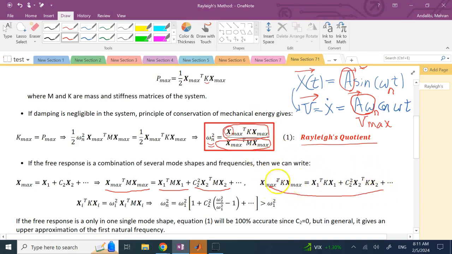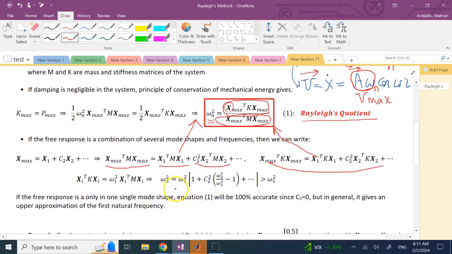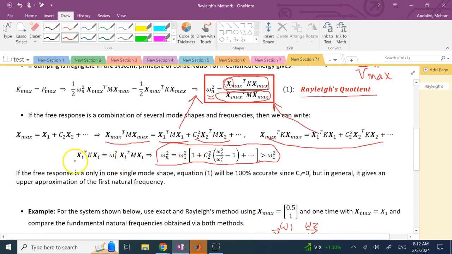So if you plug these two into this Rayleigh quotient and simplify, you can see that your omega n squared is going to be omega 1 squared times 1 plus c2 squared times (omega 2 over omega 1 squared minus 1), all to the power of minus 1. To get to this equation, we also use another property, and that is xi transpose k xi is omega i squared xi transpose m xi.